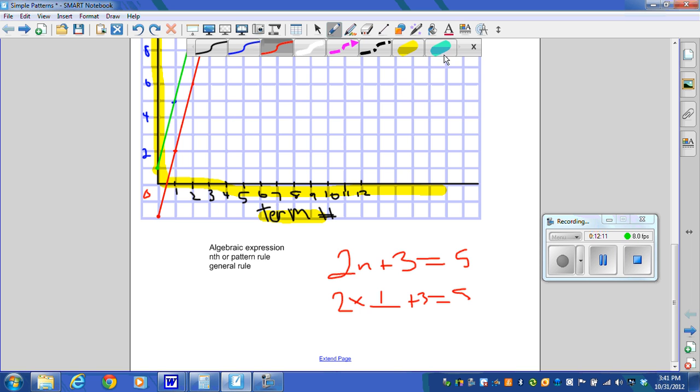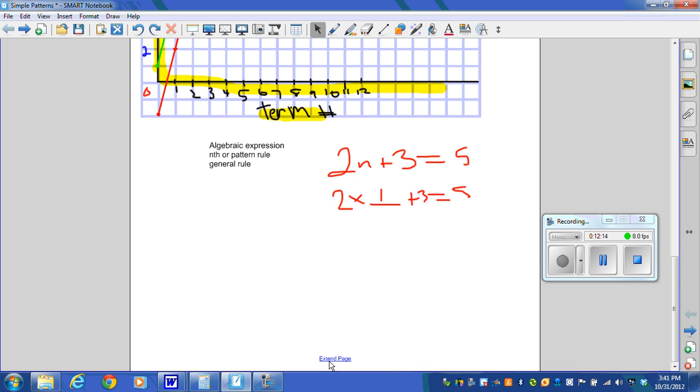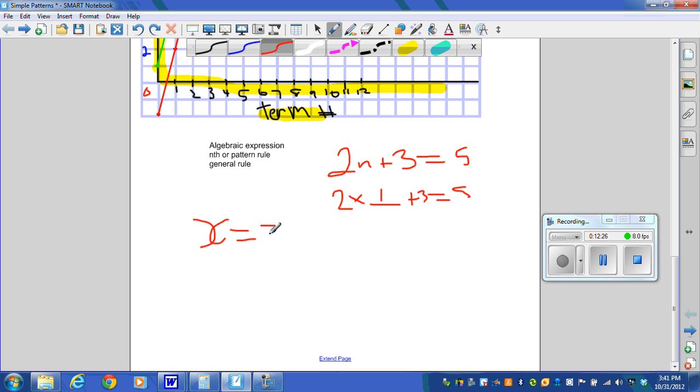Other questions that you might be given are something like this. x equals 3, and then you have to solve for 3x plus 3.